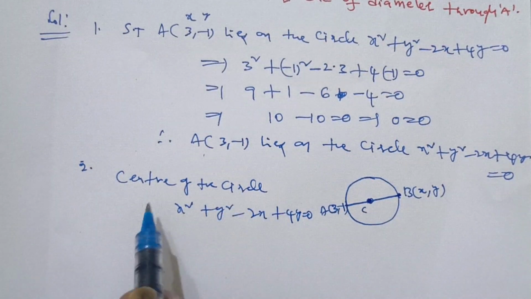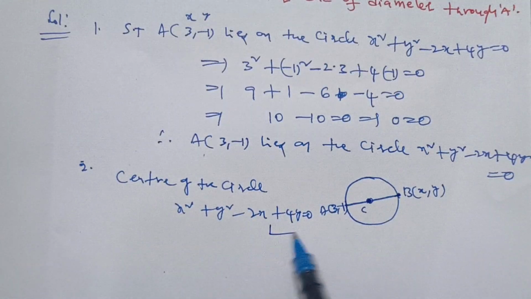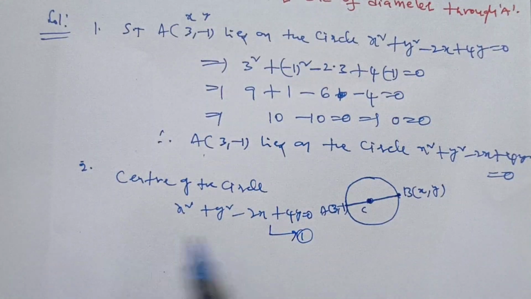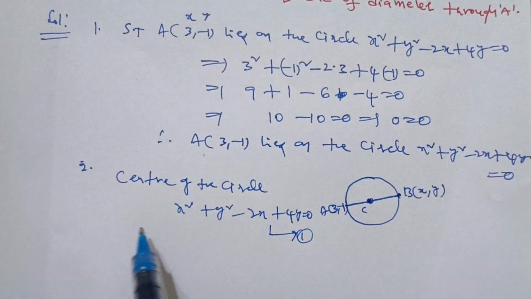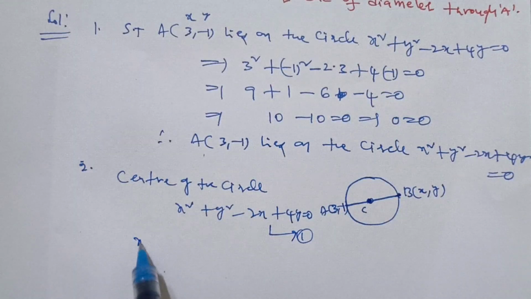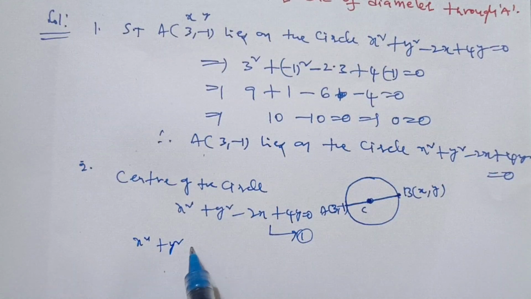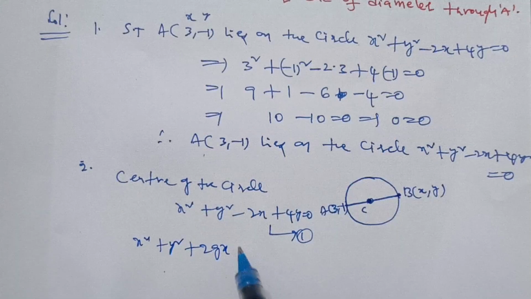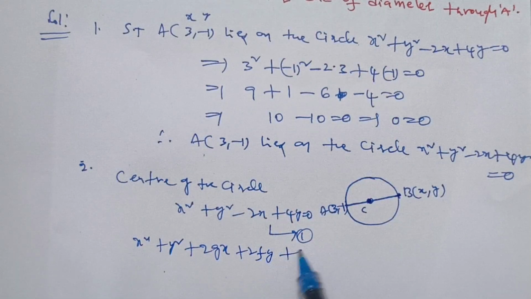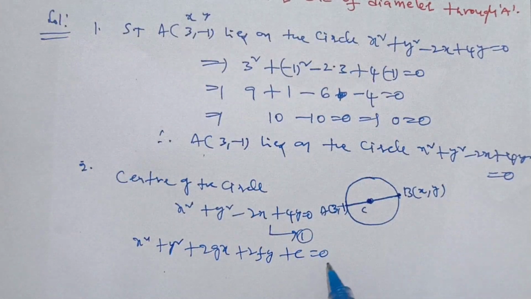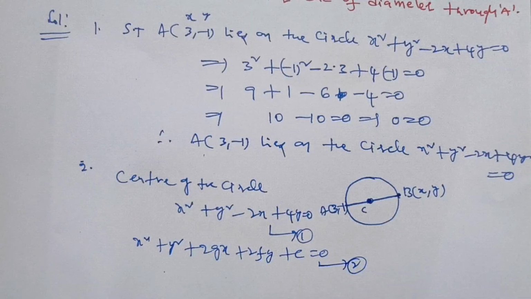Here, compare this circle equation with the general form to find f and g. So x square plus y square plus 2gx plus 2fy plus c equals to 0 is the general form of the circle.